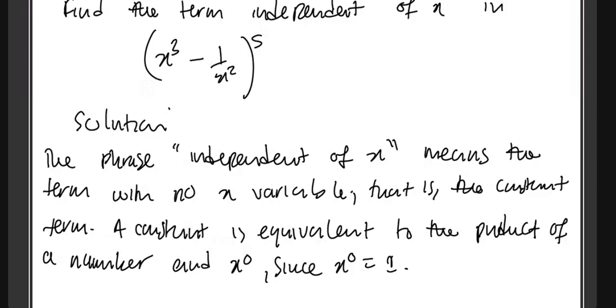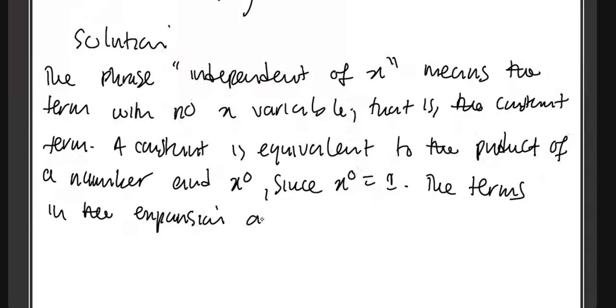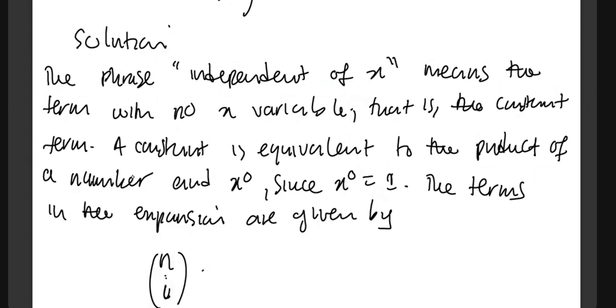So now let us use the compact form. The terms in the expansion are given by n choose I, then it is n choose I. Here our n is known, okay?